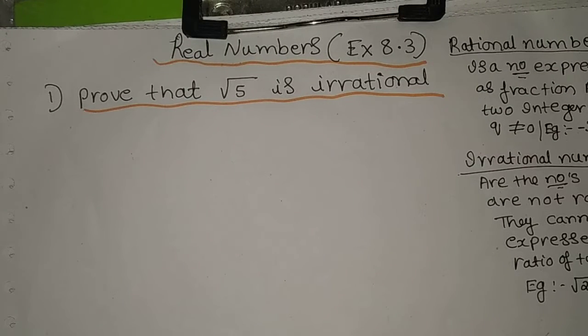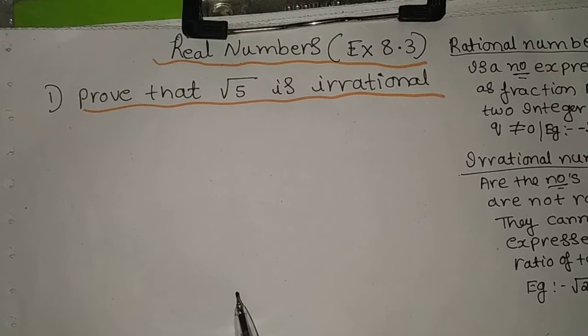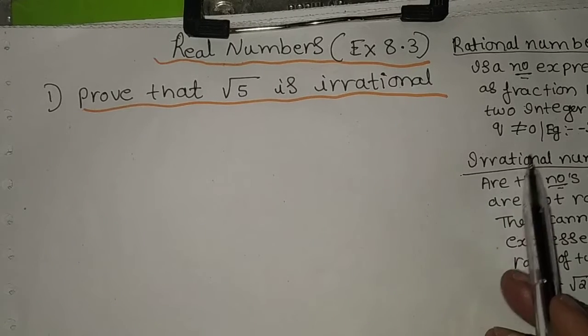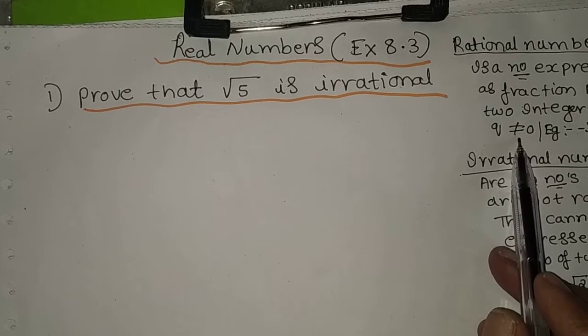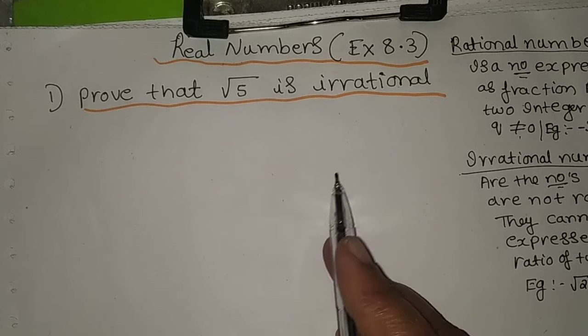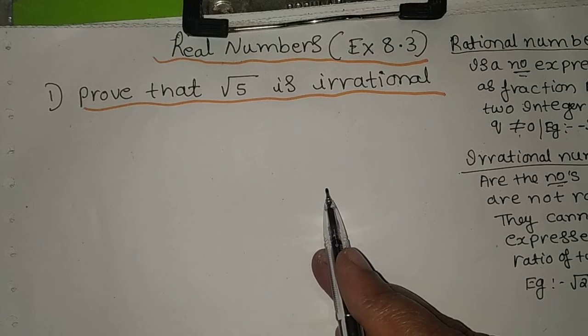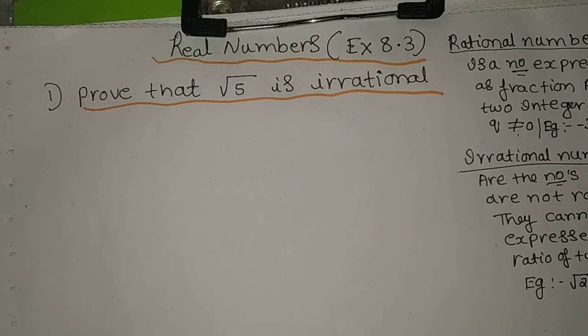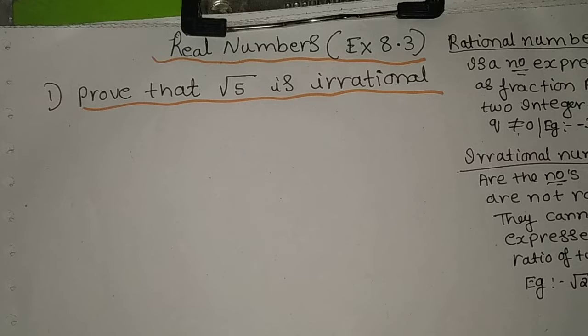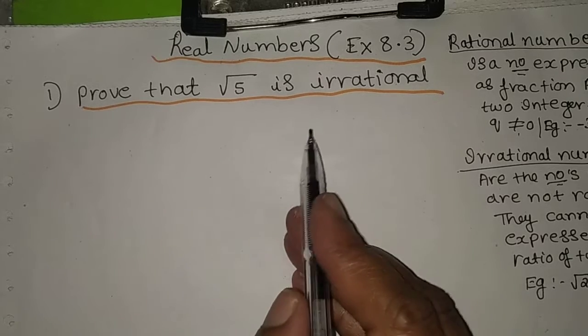First one is prove that root 5 is irrational. All these definitions, everything, you will be studying in the theory part. So I am solving the exercise problems. We have to prove this as irrational.